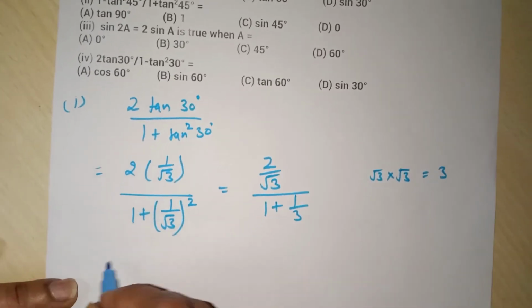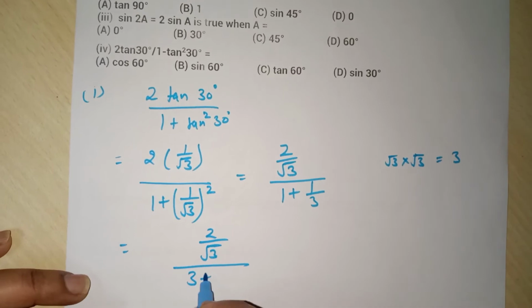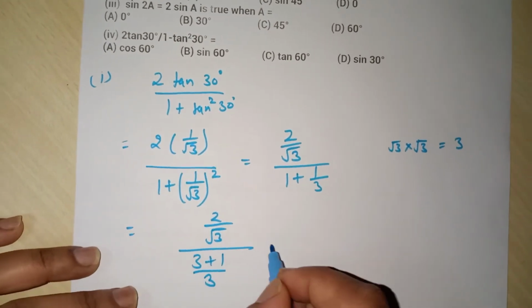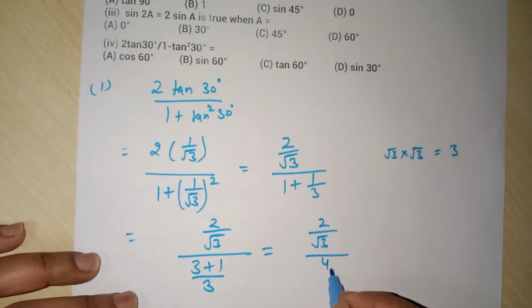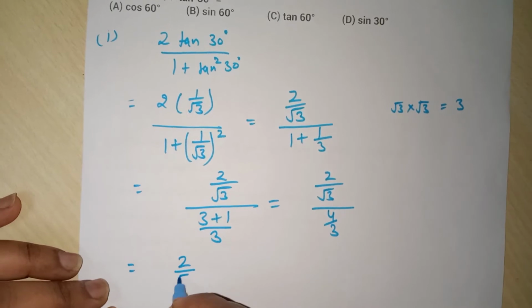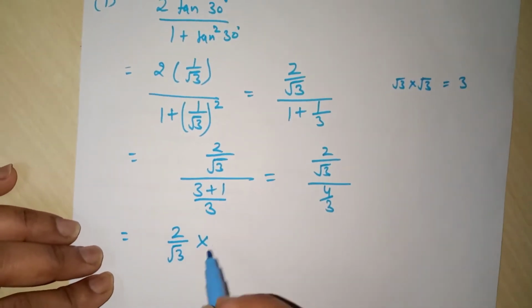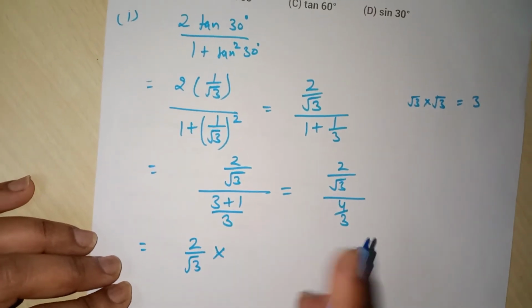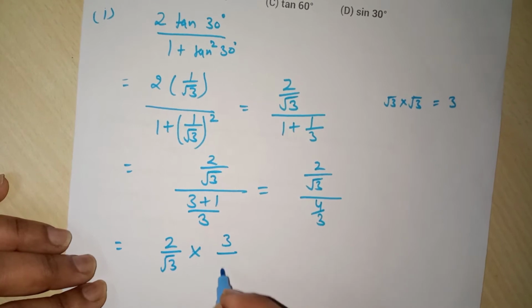Now take the LCM in the denominator. 3 plus 1 divided by 3. 2 under root 3, it becomes 3 plus 1, 4 by 3. Now change the division sign. When we reverse this value, the division sign will change into the multiplication sign and the denominator will become numerator.